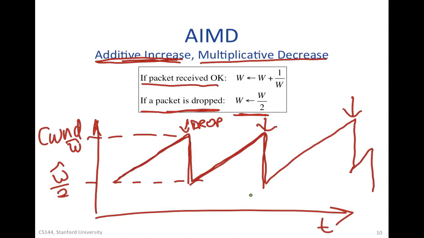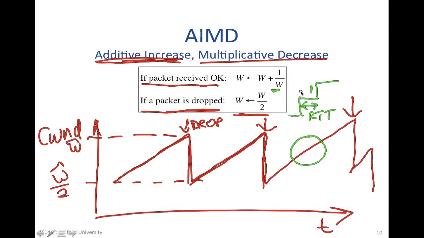If we zoom in, let's take a closer look at what's going on at each step. This is actually proceeding by going in steps. Remember, every packet time, it's going to increase by 1 over W. And I'm going to simplify that by saying every RTT, this horizontal dimension is time, the window size is going to increase by 1.